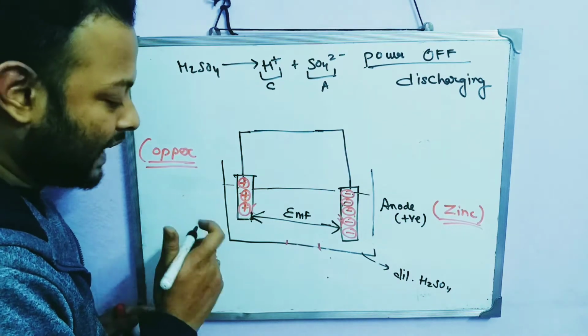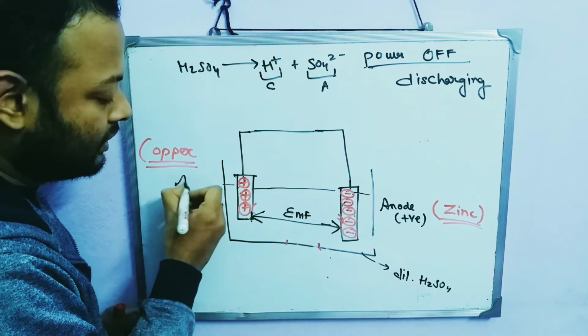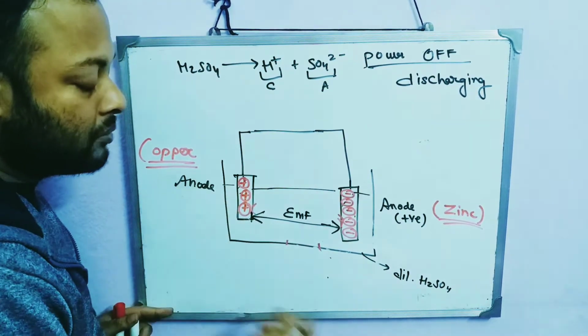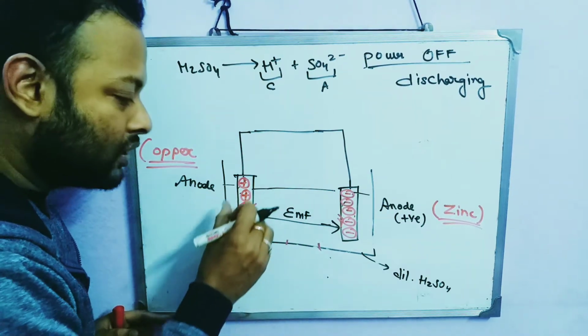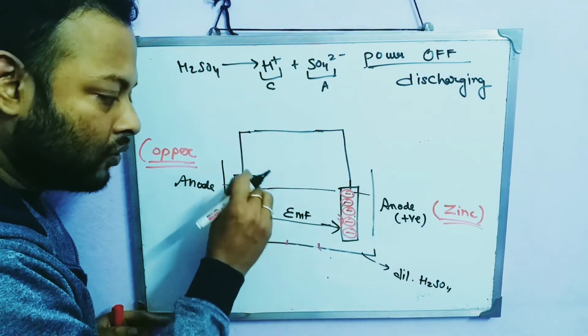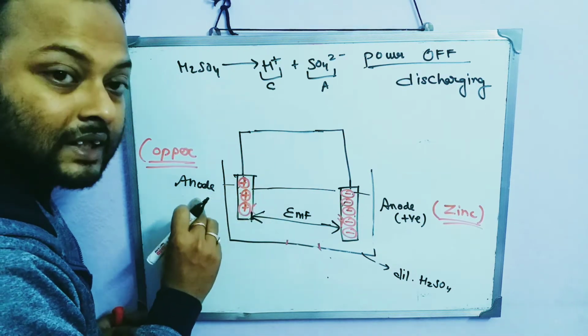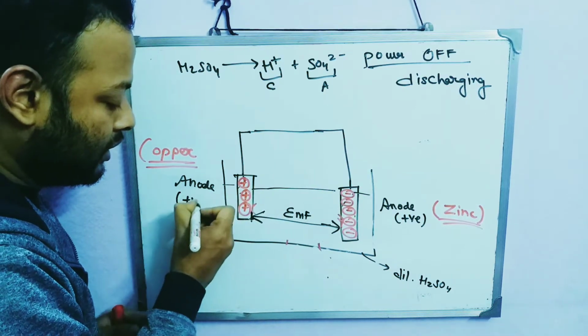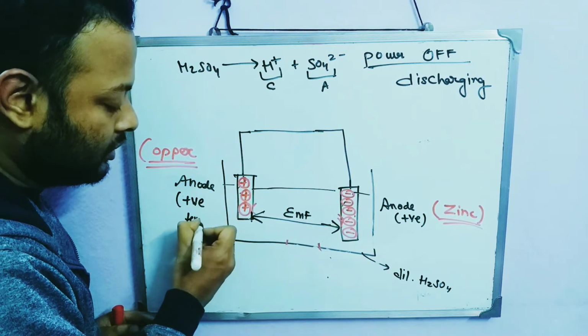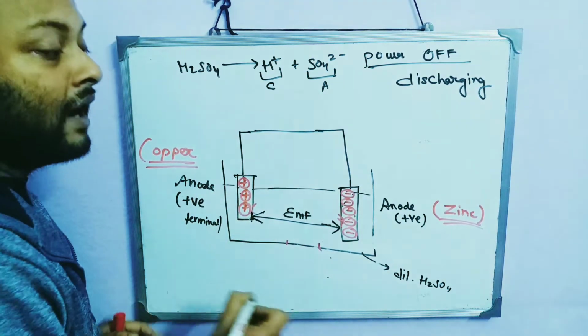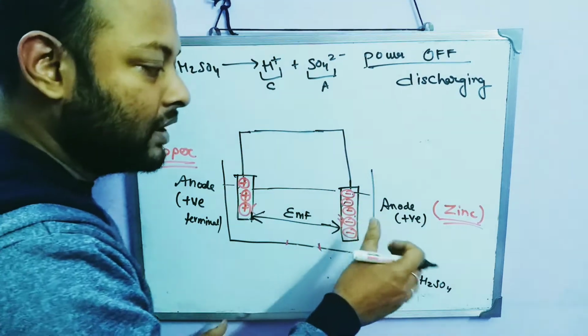Previously it was acting as the cathode, now it will act as the anode, because all the positive charges got accumulated. So now all the positive charges are there, and being a positive charge means what? It is acting as the anode, positive terminal.